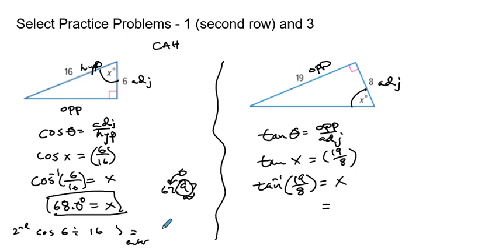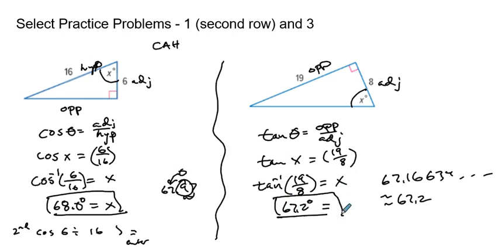Close it off with your right parenthesis, and then hit enter, and then you get 67.16 with the 63 for a bunch of junk after it. So we are going to round that to 67.2. So it's going to be 67.2 degrees. Okay, I always round to tenths on these unless otherwise stated. Okay, so 67.2 degrees.